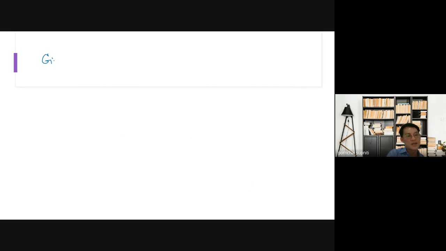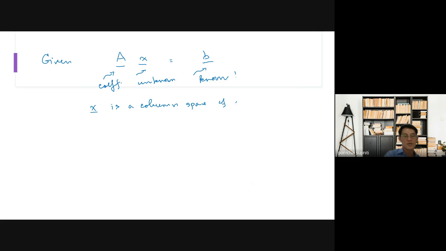If I am given a linear equation Ax equal to b, where A is the matrix with all the coefficients, x is the unknown, and b is the known values, we can say that b is in the column space of A. And sometimes we can find a y such that Ay equals 0, where y is in the null space.